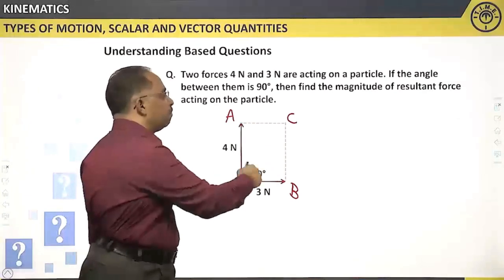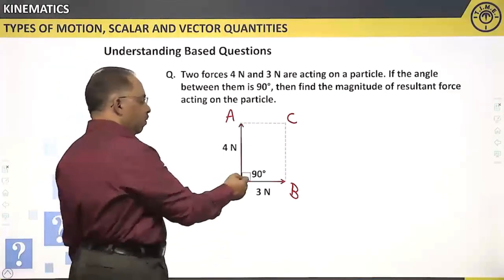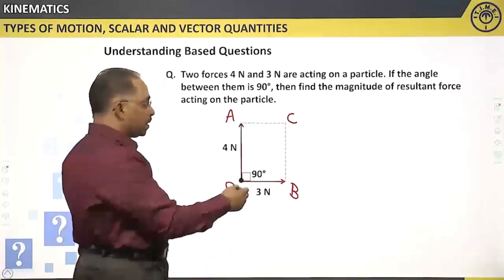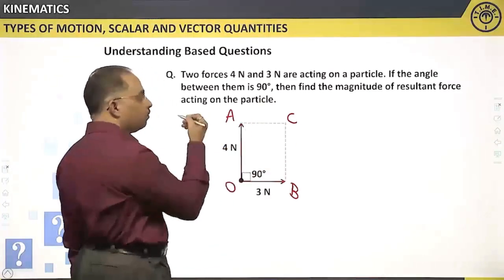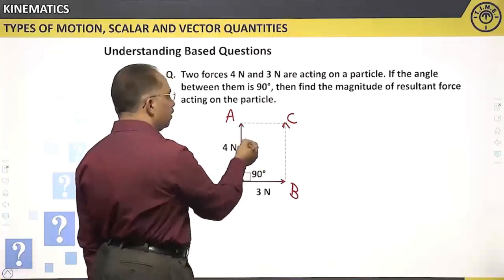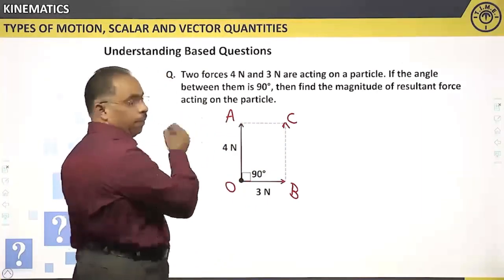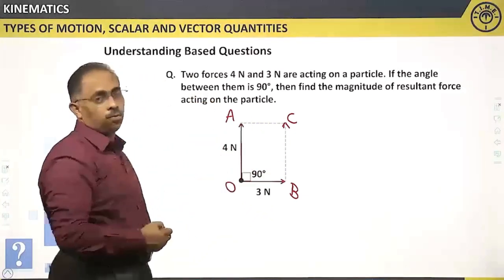Now, this is a completed rectangle. OB represents 3 Newton and BC also represents 4 Newton, because BC is along the direction of OA. The length of BC is also equal to the length of OA.